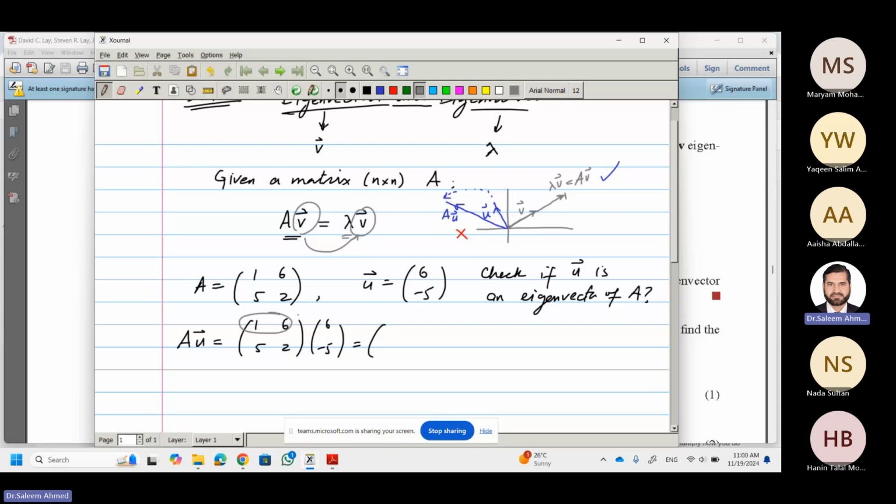You take the first row with the first column, so it gives you 1 into 6 plus 6 into -5. Then the second row, 5 into 6 plus 2 into -5. Now the answer: 6 minus 30 is -24, and 30 minus 10 is 20.